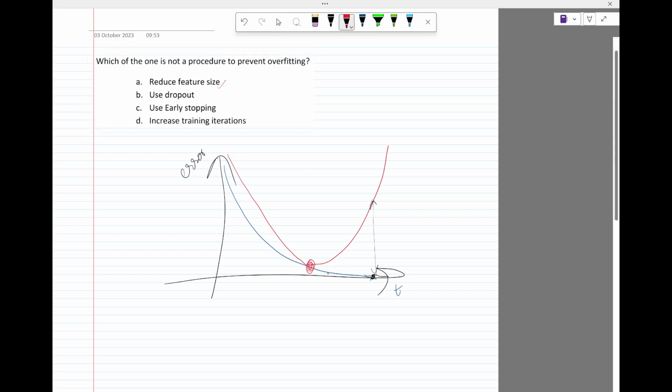If you increase training iterations, instead of early stopping, you stop somewhere here. That will lead to overfitting. So this is not a procedure to prevent overfitting, right? Is it clear? This is not.